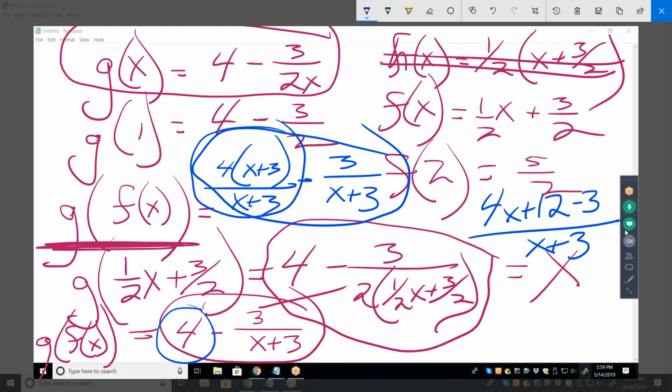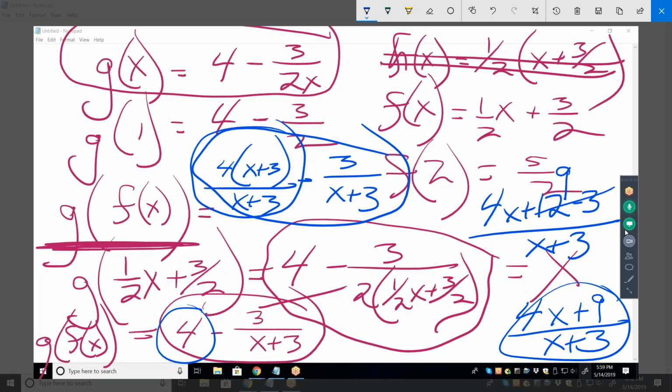Well, 4x plus 12 minus 3 is the same as 4x plus 9. Now, is 4x plus 9 over x plus 3 equal to x? No, it isn't. So that immediately tells you they are not inverses of one another.